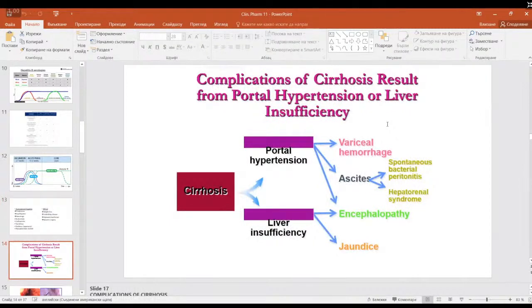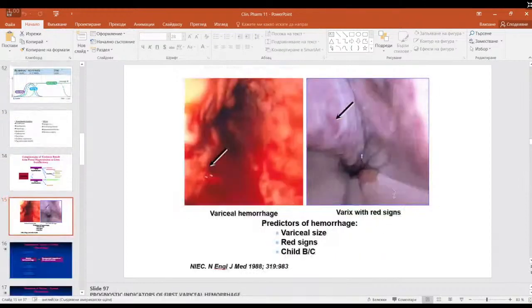In complications of cirrhosis from portal hypertension, we get patients with variceal hemorrhages, ascites, which can lead to spontaneous bacterial peritonitis, hepatorenal syndrome, encephalopathy, jaundice, and also bleeding from the varices that we said if not stopped in a timely manner, these patients usually die of hemorrhagic shock.